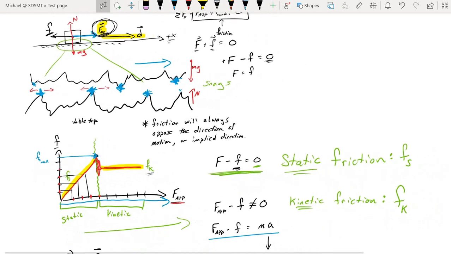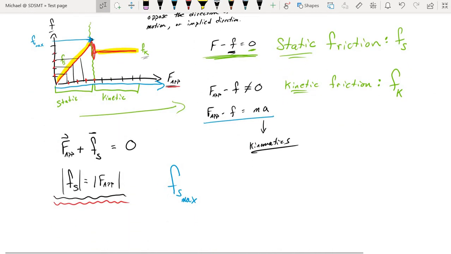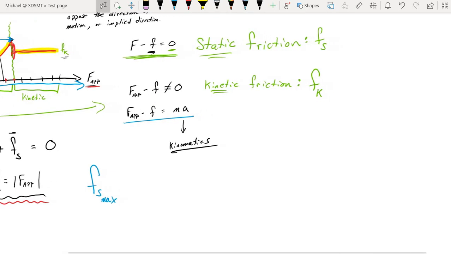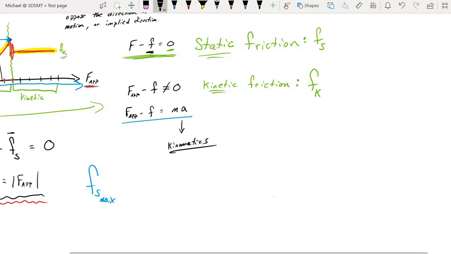And that seems like a valid way of doing things, except it's not very practical, especially if, let's say, you're going to build a house on a hillside, and you want to know how much friction is holding the house against the hillside, and what's the maximum amount of static friction that keeps the house from sliding down the hill.